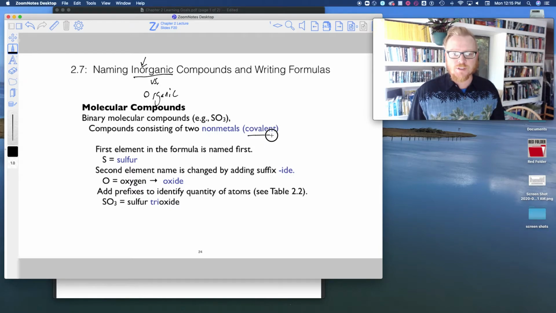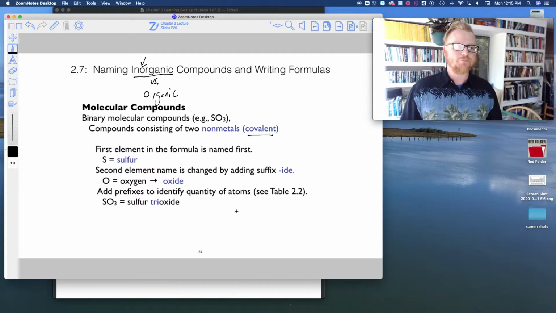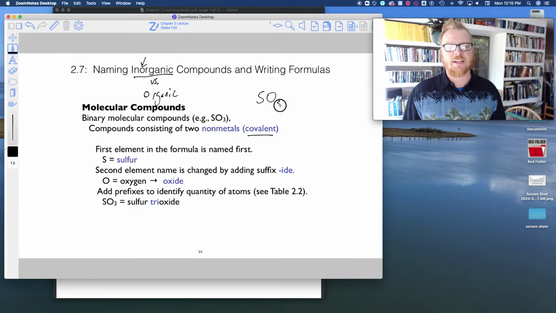So the first we're going to focus on is covalent. So covalent is going to have a different naming scheme than ionic, okay? So binary molecular compounds, so binary, meaning compounds consisting of two, in this case non-metals, that makes them covalent, okay? So we first look, so for example, my example that I have is SO3.